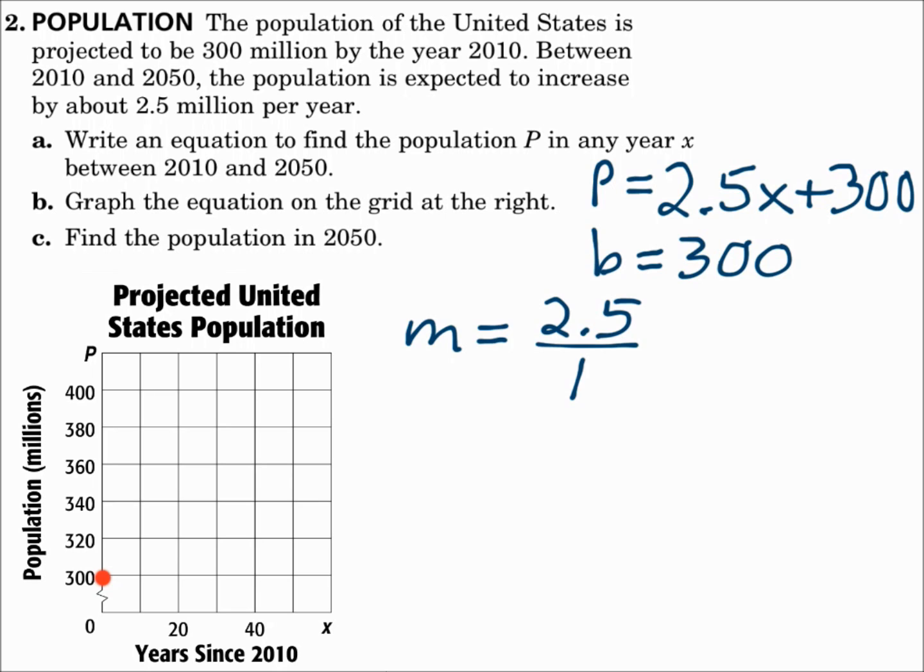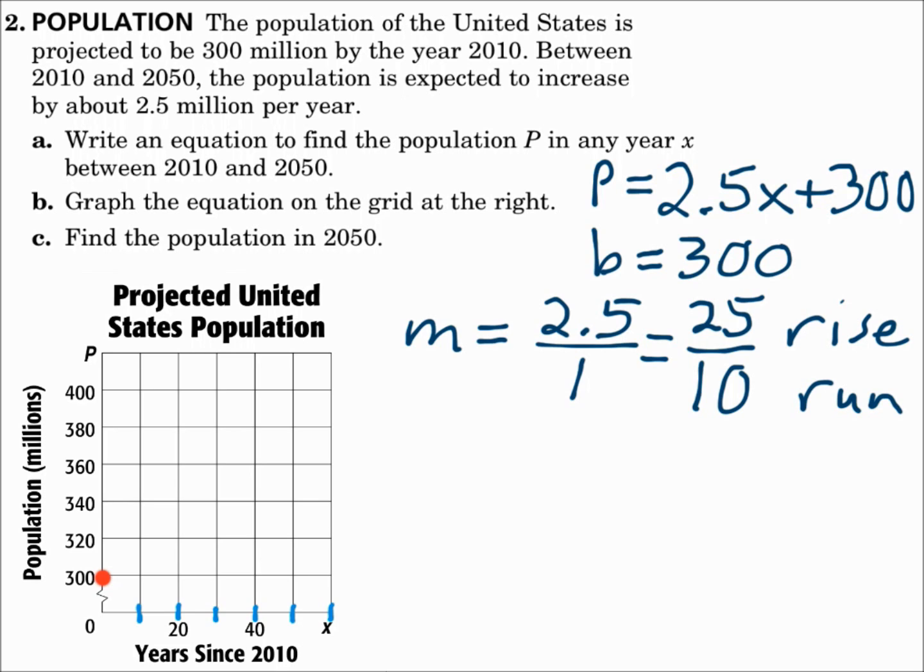But then notice, the x-axis isn't in increments of 1, it's in increments of 10. So let's change this rise over run fraction so that we can run 10. So let's put this as a fraction over 10. Since we multiplied the 1 by 10 to get 10, let's also multiply 2.5 by 10 to get 25. That's what will rise and run.